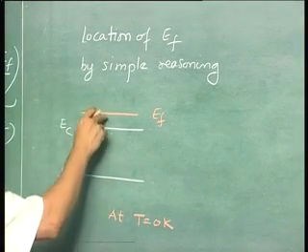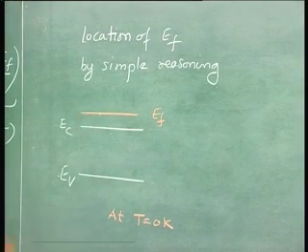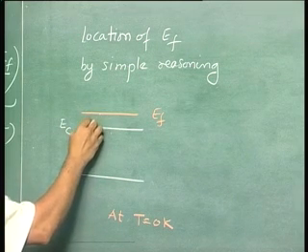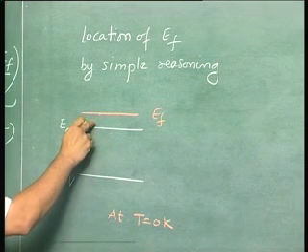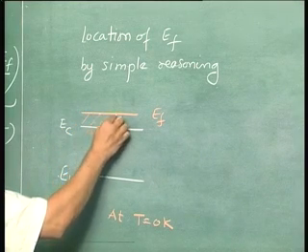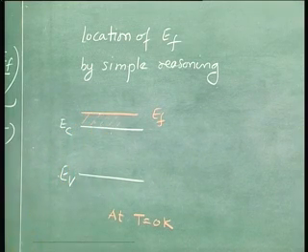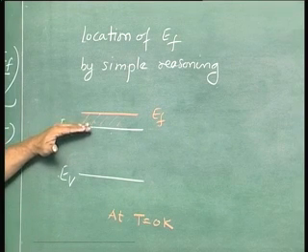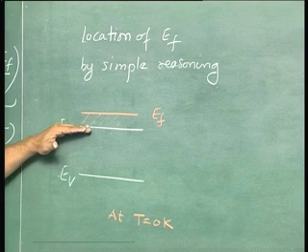So at t equal to 0, supposing my EF was in the conduction band, then what does it mean? That below EF whatever states are there which are allowed, they must be occupied. So which means I would have so many occupied states here, all the states which are available in this region. Above EC and below EF, some states are available because that is what our band picture says.